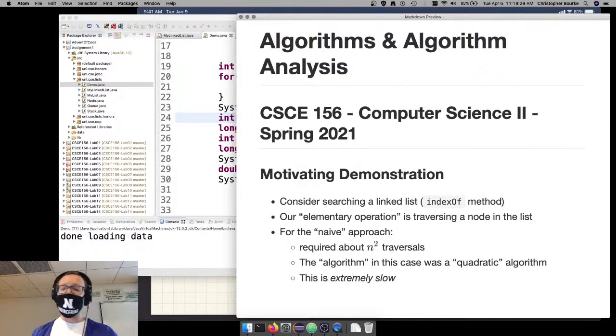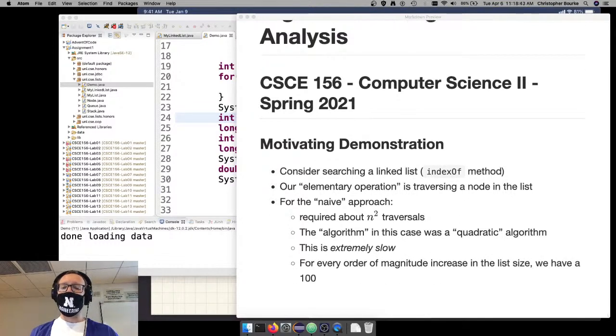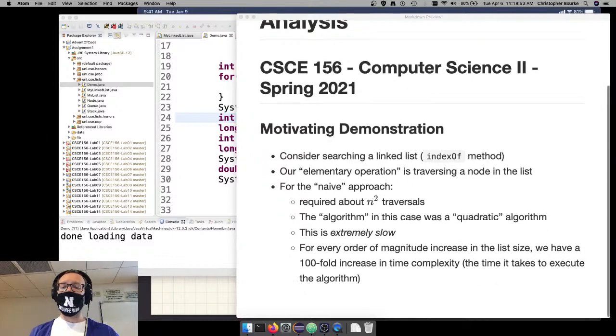It's extremely slow. For every order of magnitude increase in the list size, we have a 100-fold increase in time complexity, right? The time it takes to execute the algorithm, right?